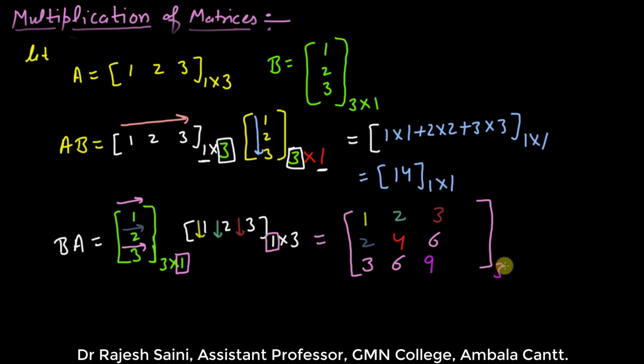So this is of order 3 by 3. So clearly AB is equal to 14, a 1 by 1 order matrix, and BA is a 3 by 3 matrix. Therefore we have shown with an example that AB need not be equal to BA. So matrix multiplication is not commutative.